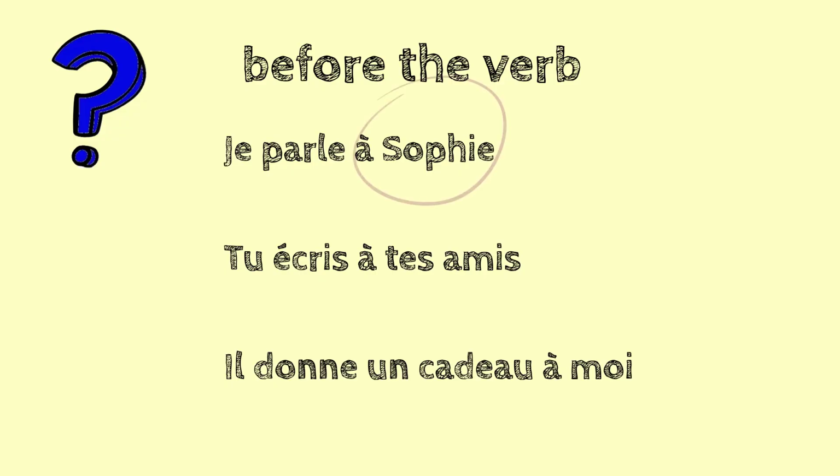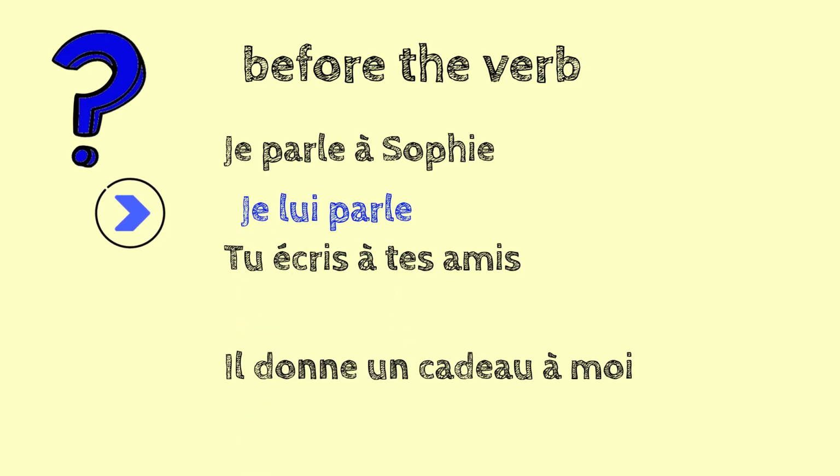In the first sentence, Sophie is the indirect object. She is the person who has been spoken to. Tes amis are who you are writing to, and moi, me, is who he is giving the present to. So when we put in the indirect object pronoun, we need to say je lui parle. I speak to her.